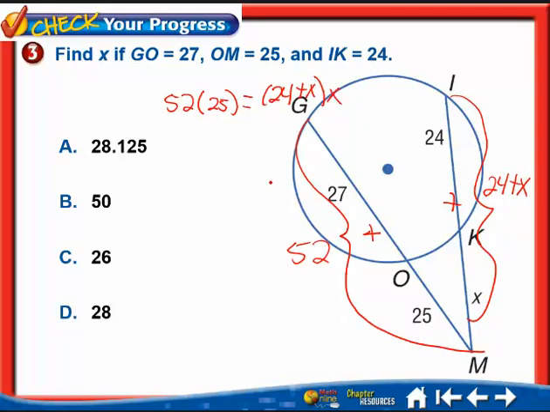Okay, so what is 52 times 25? 1300. If I distribute here, I get 24x plus x squared. Okay, this goes way back to Algebra 1.